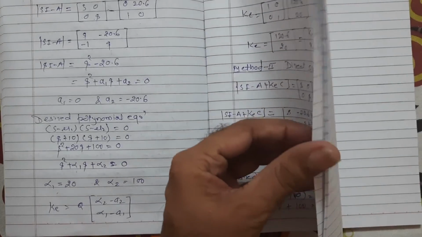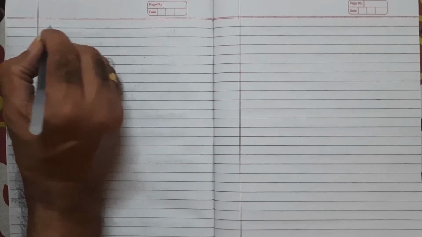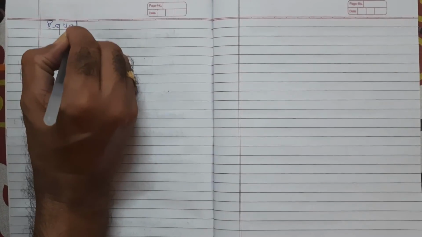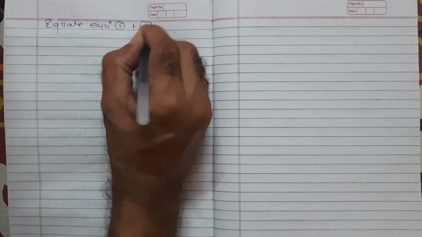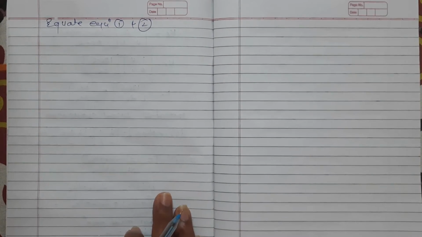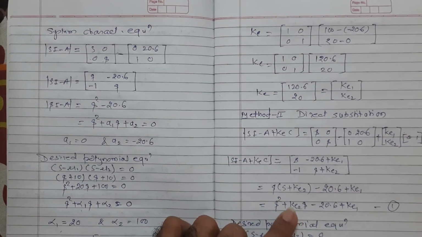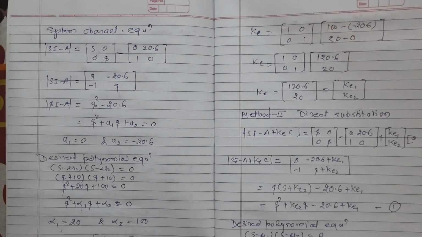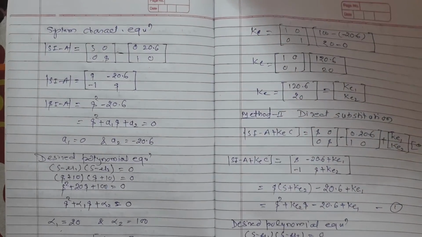Now equate equation 1 and 2. Now we get, see there, Ke2 equals 20.